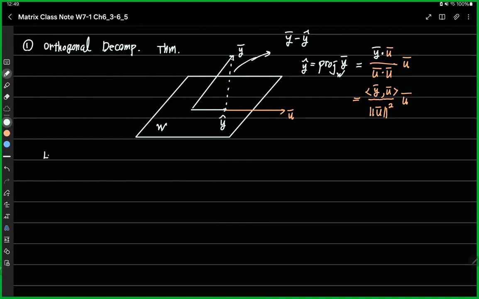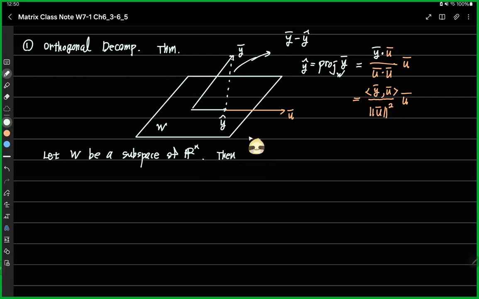So let W, this is given, be a subspace of Rn space, okay.